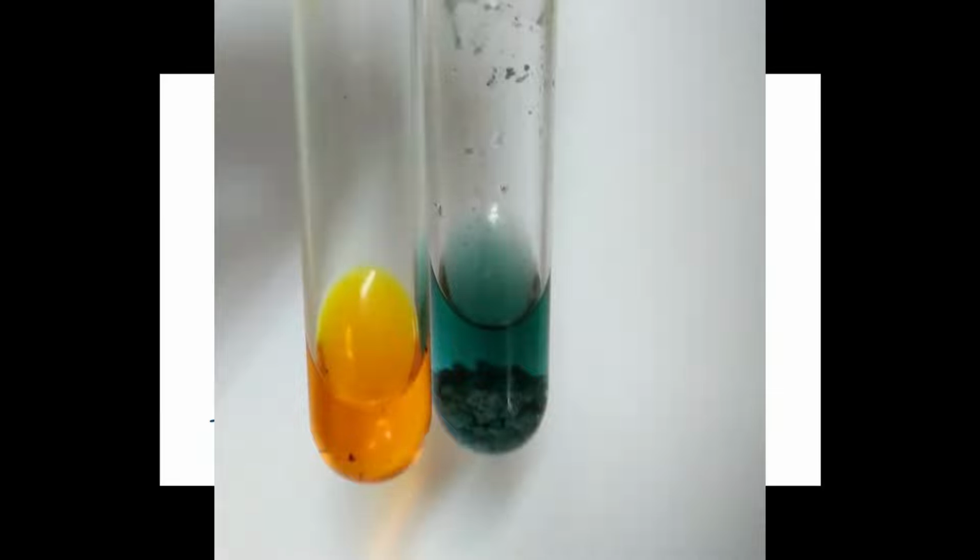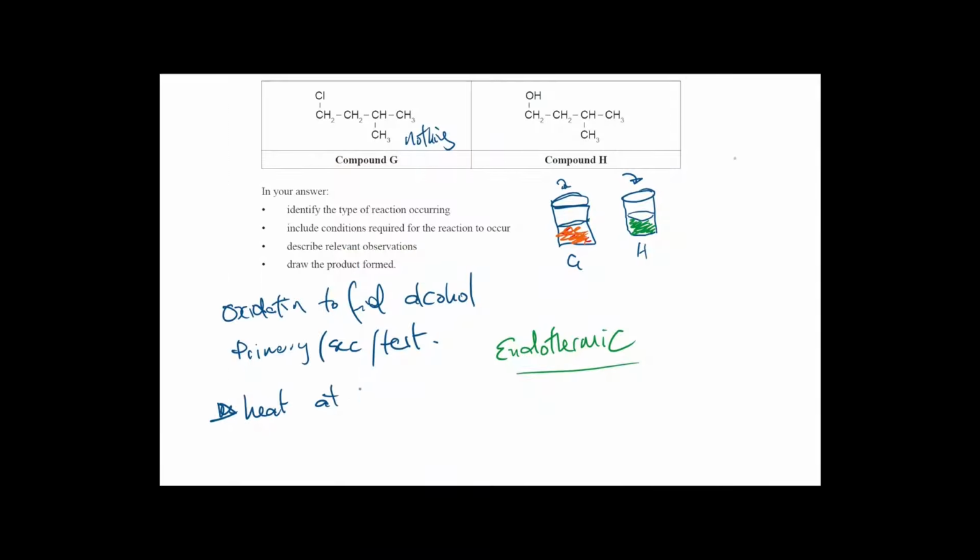So it will require heat at least to get going. Okay, what else are they? Describe relevant observations. So the observation, you might see a bit of bubbling. You'd have to distill it first. Otherwise, it probably won't work properly. The main thing you'll notice is the color.